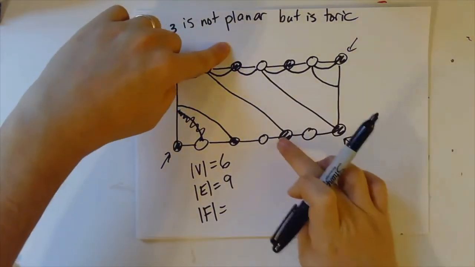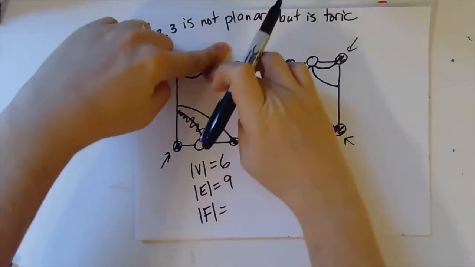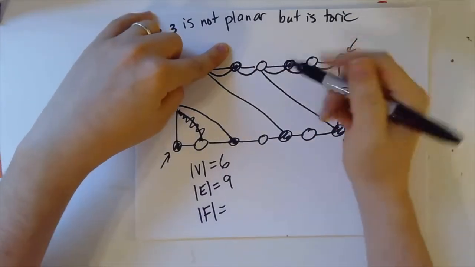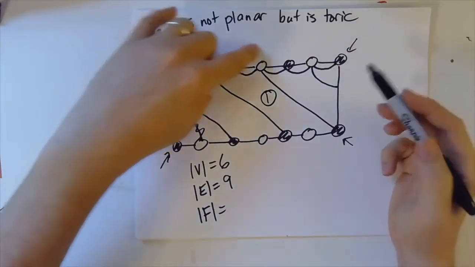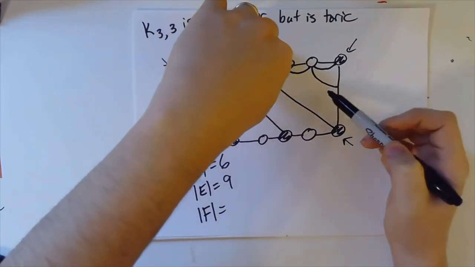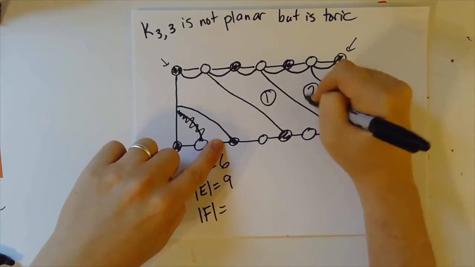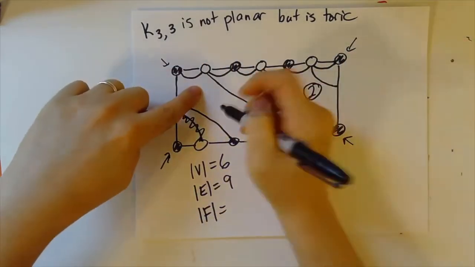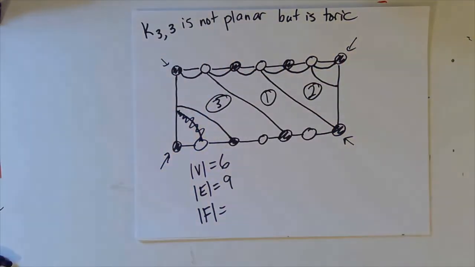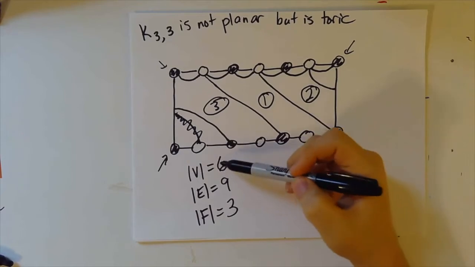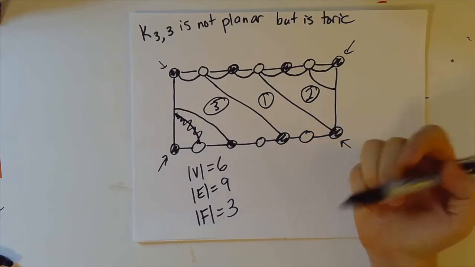Keep in mind, these boundaries here, they also bound the face down here. So this is one face. Likewise, this, continuing with that, that's a second face. And then this over here, this is a third face. And that's it. So 1, 2, 3, 3 faces. 6 minus 9 plus 3 is 0.